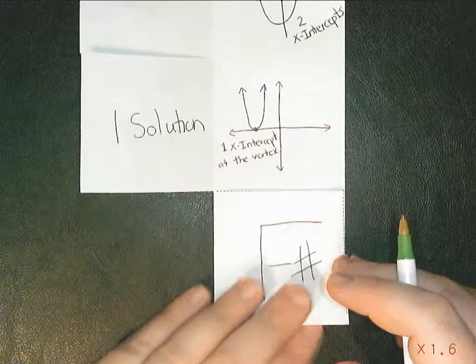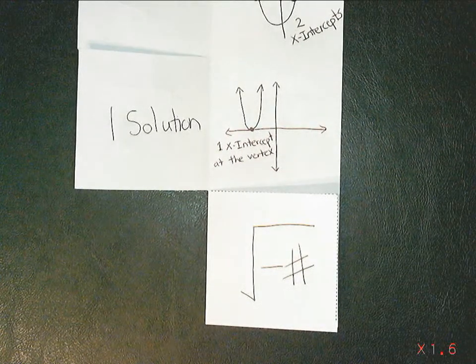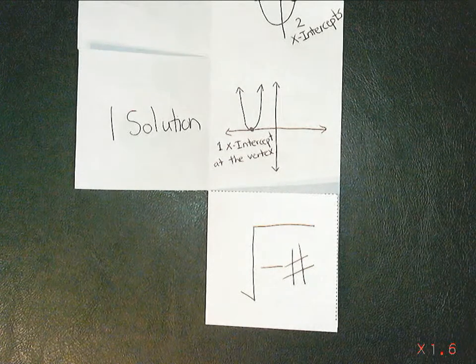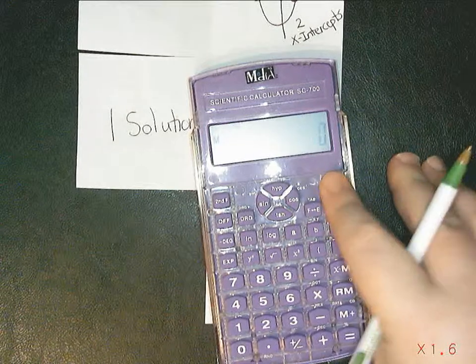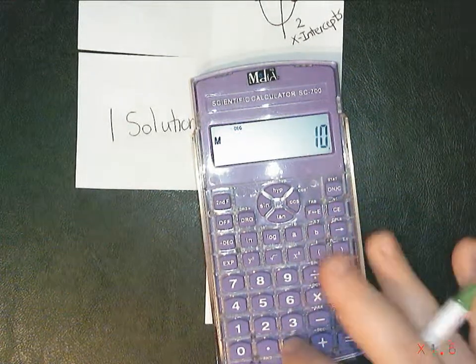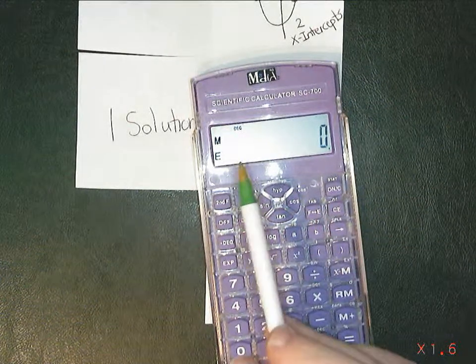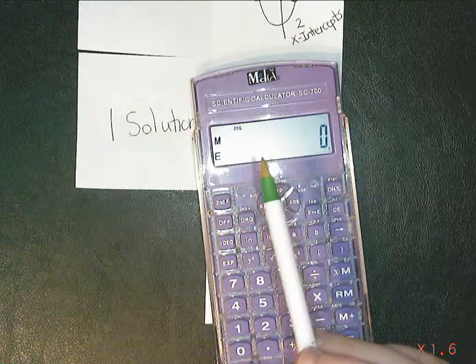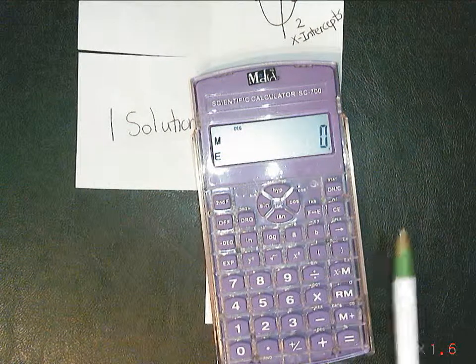Now our last one is what happens when we have a number under the square root that is negative. When you use your calculator, if you try to do the square root of a negative number, so let's say I do negative 10, and I try to do the square root of that, my calculator gives me an error. That's because there is no real solution to the square root of a negative number.